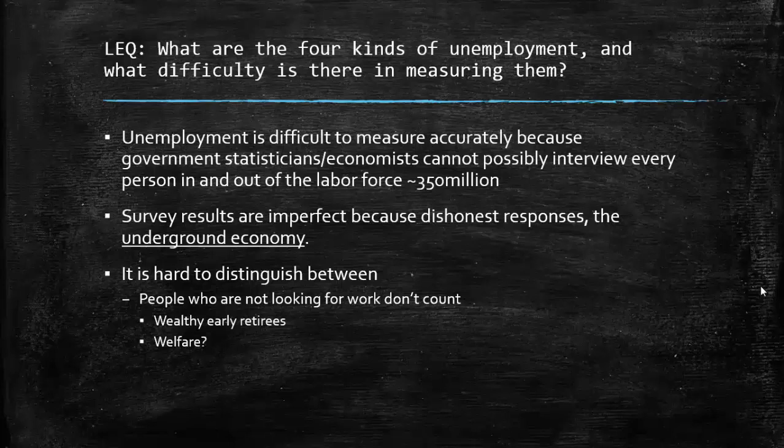People who avoid taxes, people who gamble, drug dealers, all of those are sources of income, but they skew unemployment numbers. In addition, it is hard to distinguish between people who are not working but not looking for work and people who are not working but are also looking for work. Unless you ask them directly, it's hard to get an accurate response. So measuring unemployment is a pain in the behind.